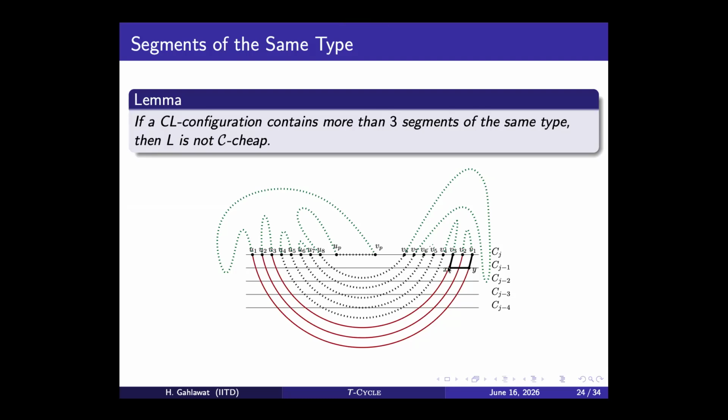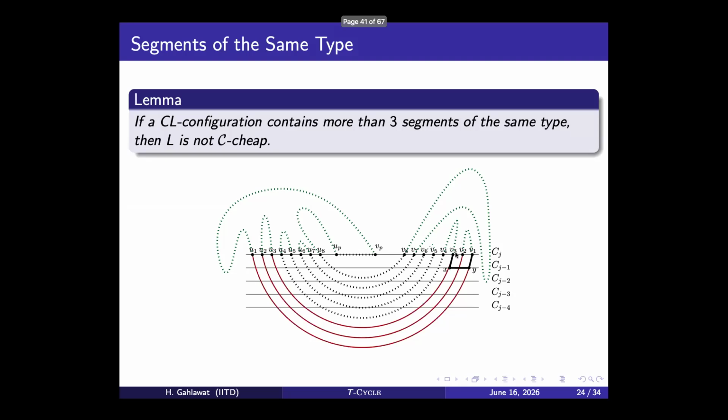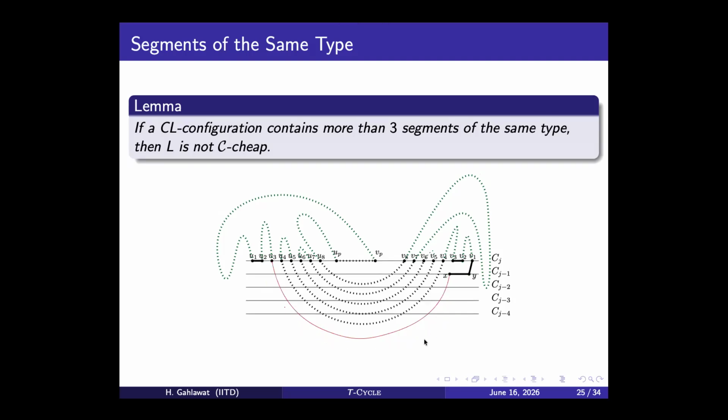Now let's consider a point X on the innermost segment and Y on the outermost segment, which is on the cycle Cj minus 1. Since this is a cycle Cj minus 1, there is a path from X to Y. Now let's shortcut this cycle at U1, U2. This cycle is shortcutted at U1, U2, and you could go from U3 to U2 and you go via this.